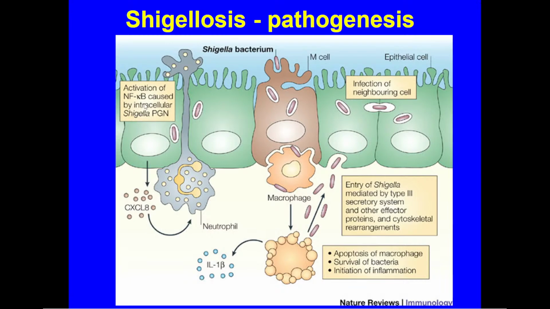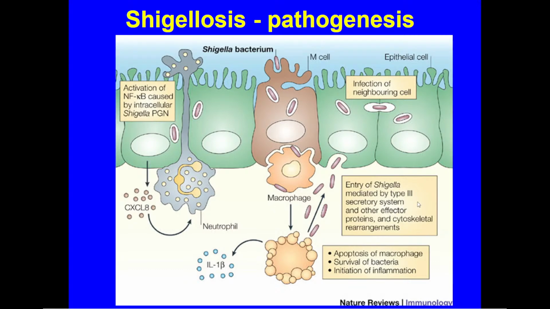Then Shigella bacteria also can activate NF-kappa B factor, caused by intracellular location of Shigella, and the release of some interleukins that may inhibit the neutrophils' activity.